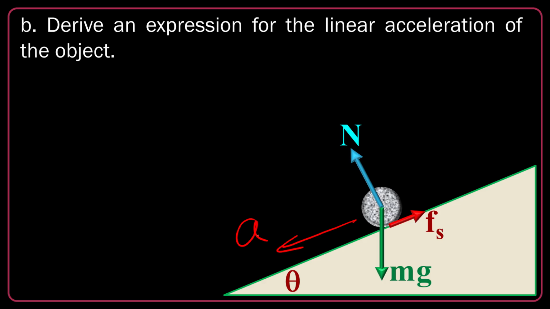Okay, how to find it? Let me first remind you of the usual way we deal with a sliding object, not rolling, on the ramp, and then go back to this case. I have a ramp and a box on this ramp without any friction.